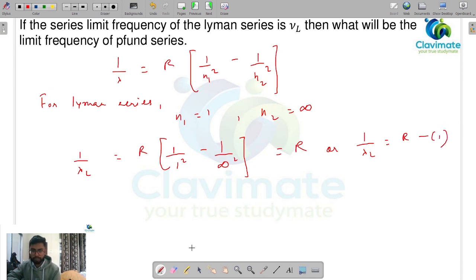Now for Pfund series, n1 is equal to 5 and n2 equals infinity.